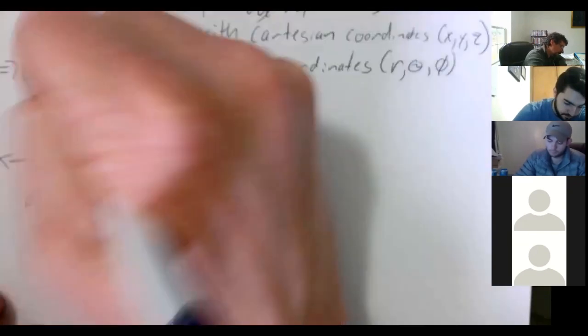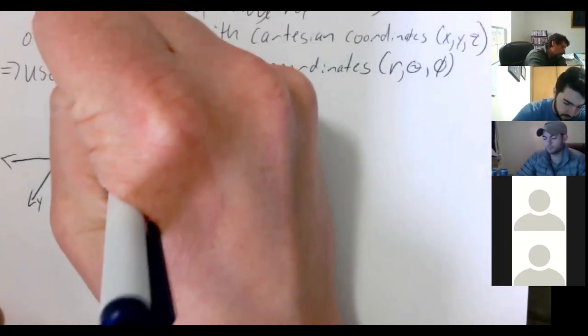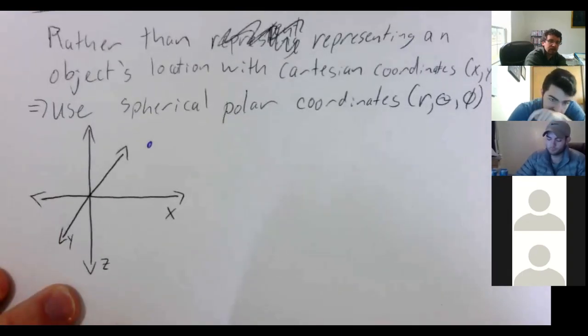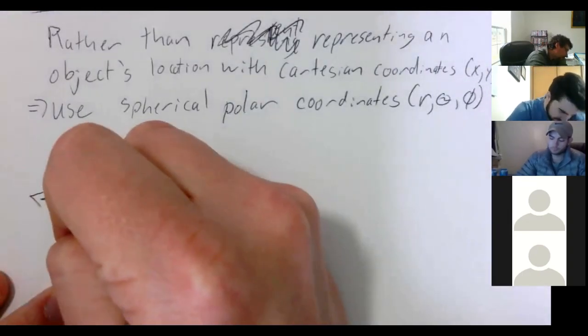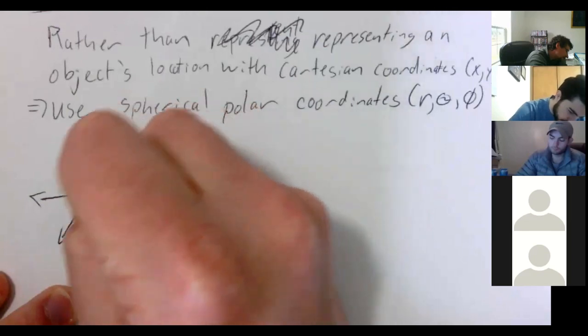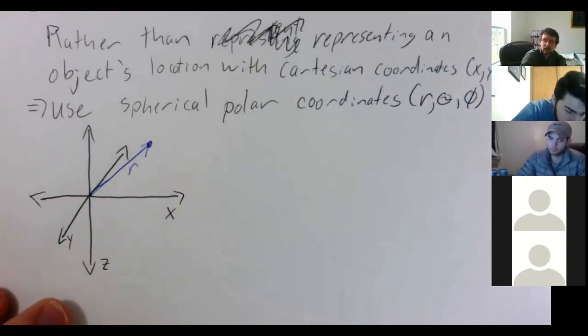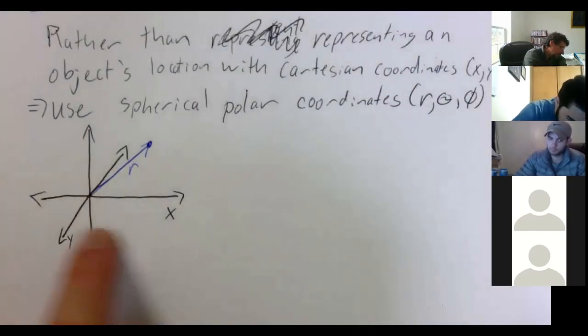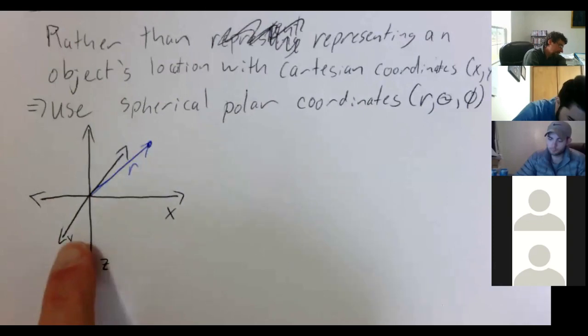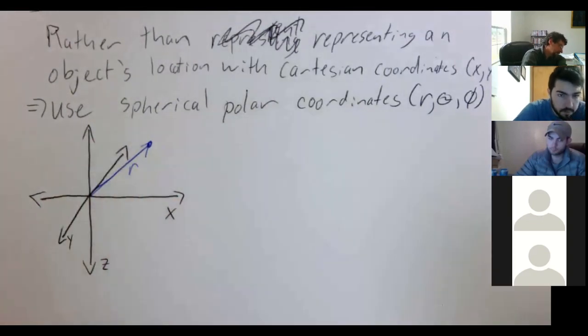So let's say we're talking about that point out in space. We have a distance r to that point. We also have two angles. We have an angle in the XY plane, and we have an angle in the XZ plane.